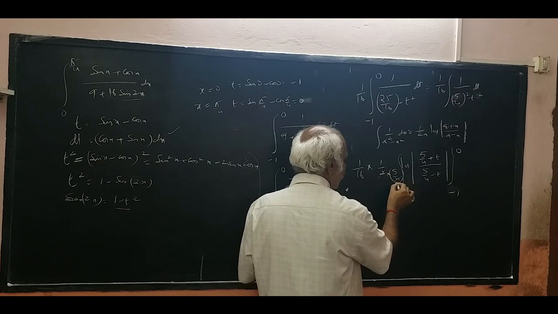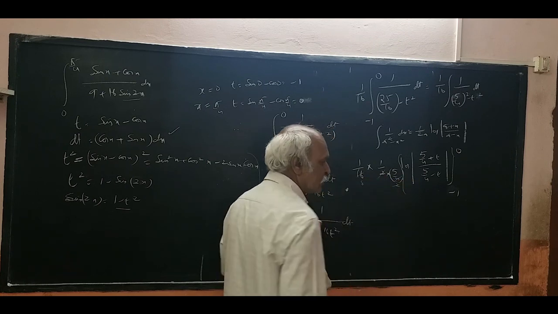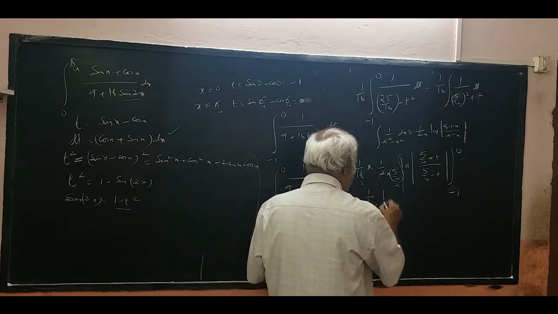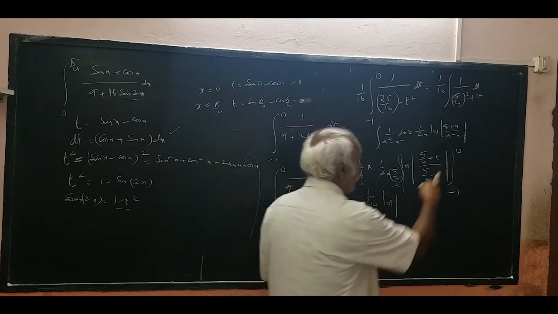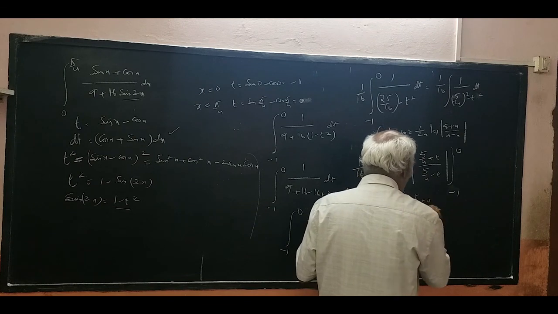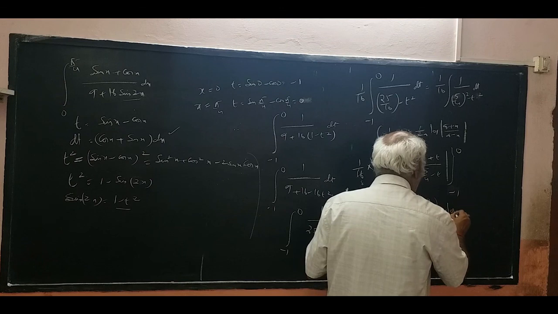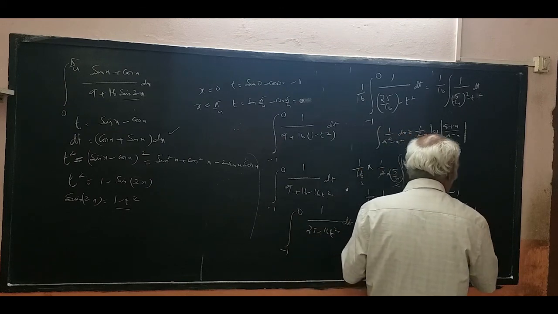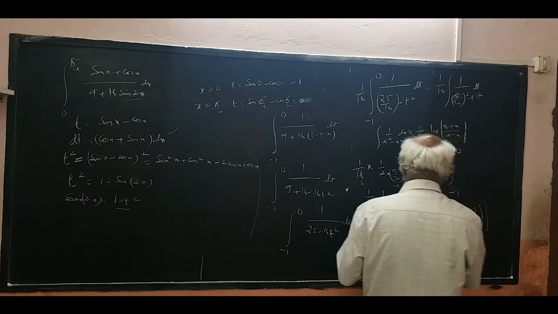So 2 will get cancelled 2 times, 2 will get cancelled 8 times. So this is 1 by 40 log of upper limit is 0 plus 0 by minus lower limit is what, sir? 5 by 4 minus 1 by 5 by 4 plus 1, right?